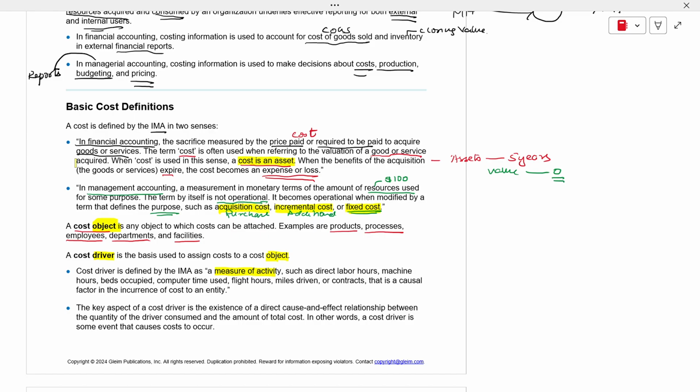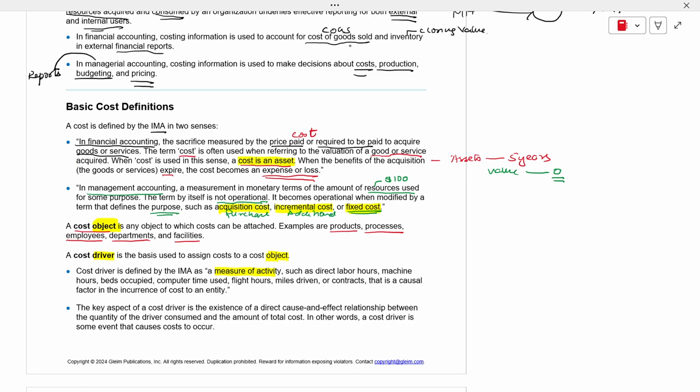Skilled labor and unskilled labor drive the cost. How many hours you have paid the laborers, how many kilometers it has run, how many machine hours it has run. That is the cost driver which drives the cost.